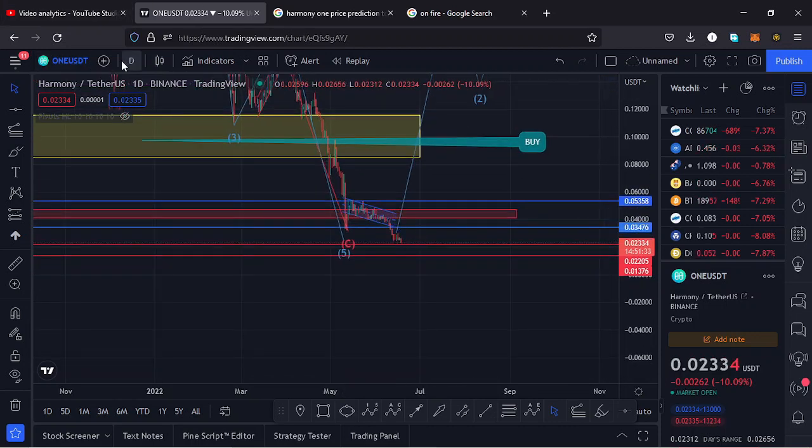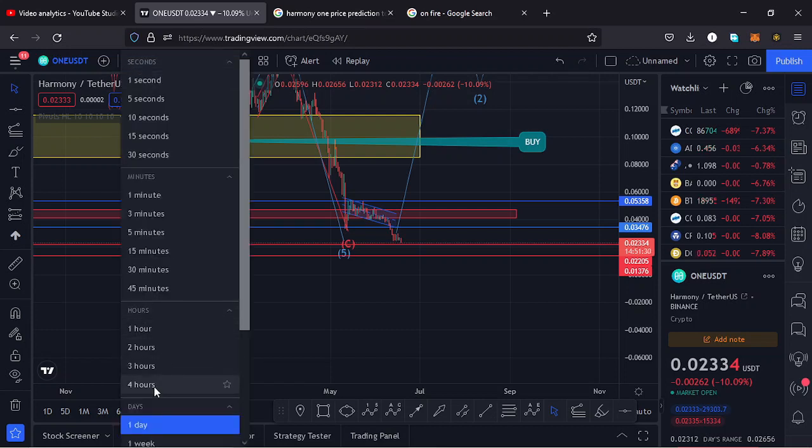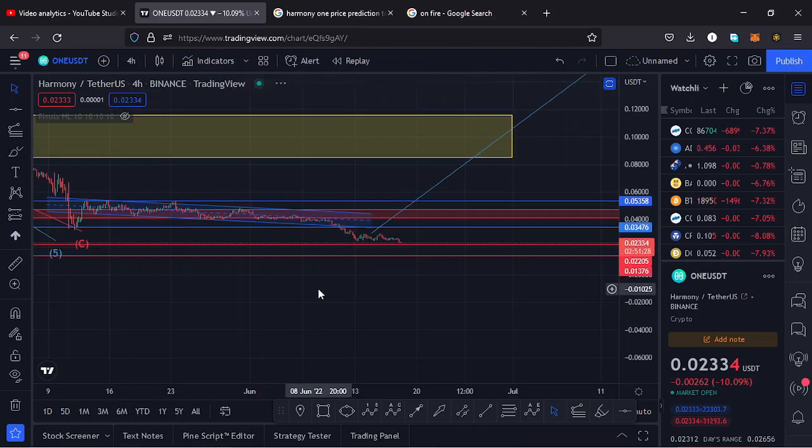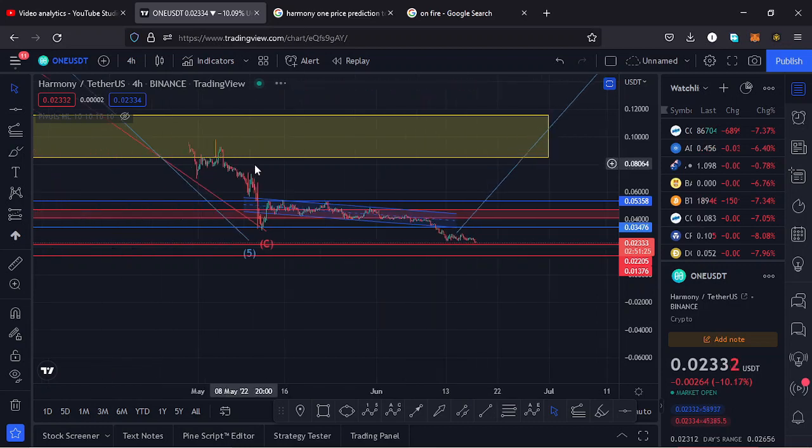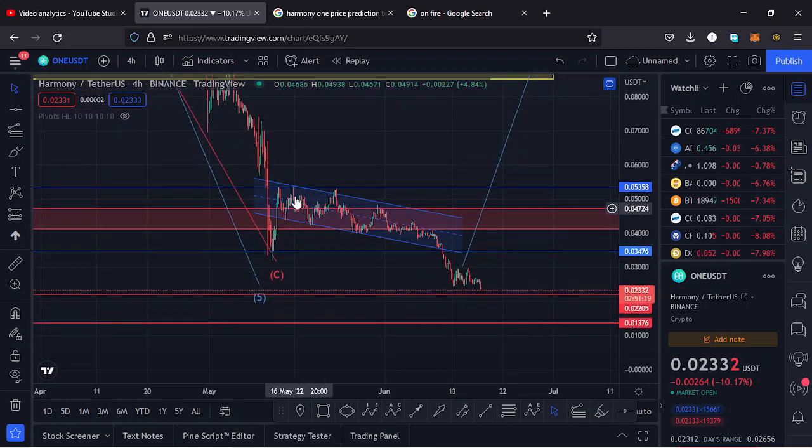And I want to jump to the 4-hour chart so that we can see the key scenarios that can play out on this chart. Here on the 4-hour chart you can see that for the past few days we had been trading within this descending channel, and we broke to the lower side of that channel and also lost this support that we had at around the $0.03 mark, and now we are just about to touch a key area of support at around the $0.022 mark.